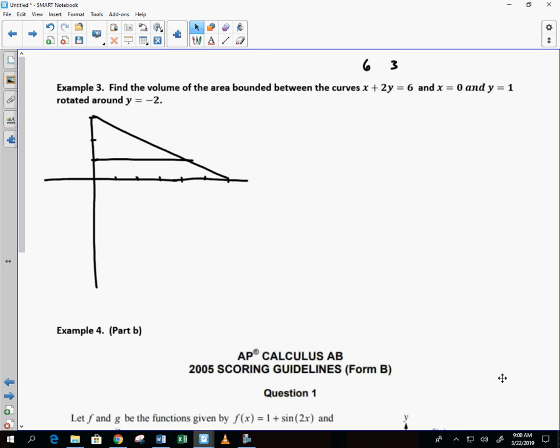Okay, I'm going to draw a vertical rectangle as I'm making a vertical rotation. And then I'm rotating around what? Y equals -2. So I got that guy right there I'm rotating around.